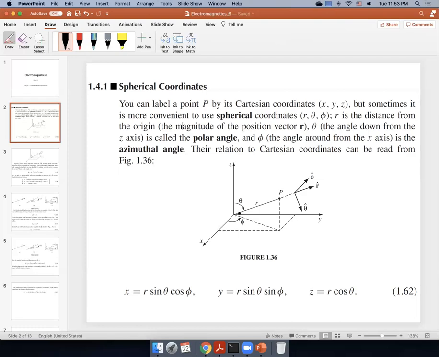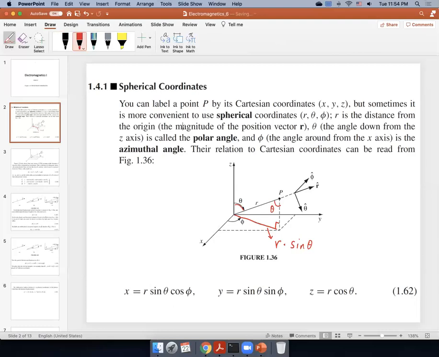And then the projection of r on the xy plane is the dashed line shown here. Because this is 90 degrees, this red dashed line is r times sine theta, because this angle here is also theta.